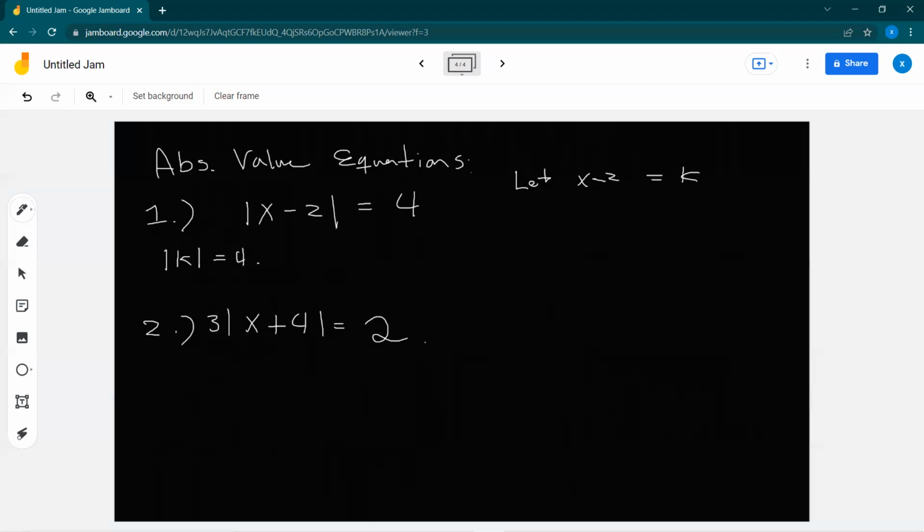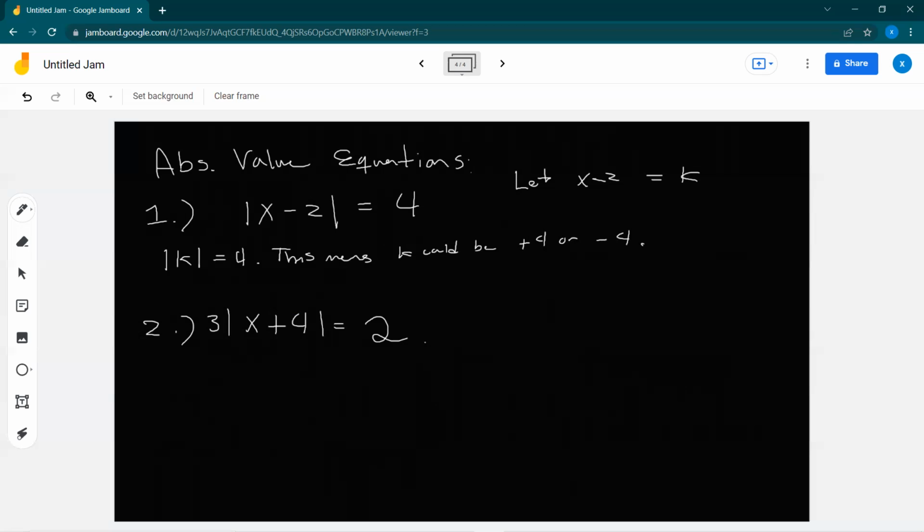Not the absolute value of k, but we don't know if k is positive or k is negative. So k itself could be a positive 4 or a negative 4. So this means k could be positive 4 or negative 4, and that's because the absolute value is always going to make it positive.